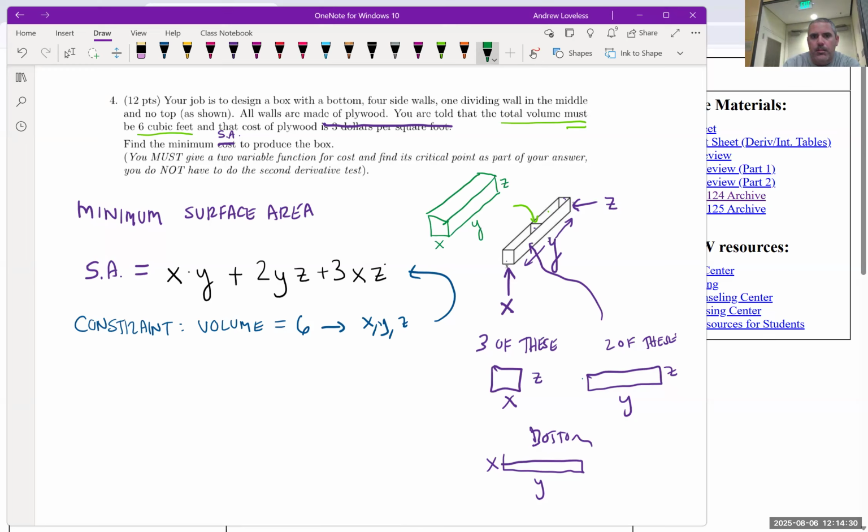And the volume is X times Y times Z. So this is how these problems typically set up. You have something you're trying to minimize. You have some sort of restriction. What do we do next?